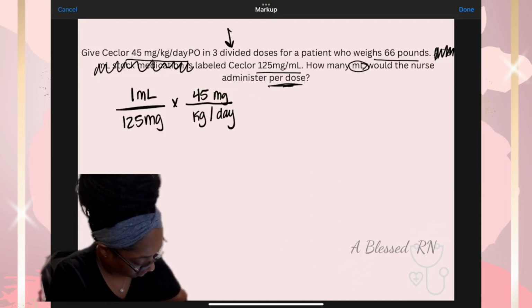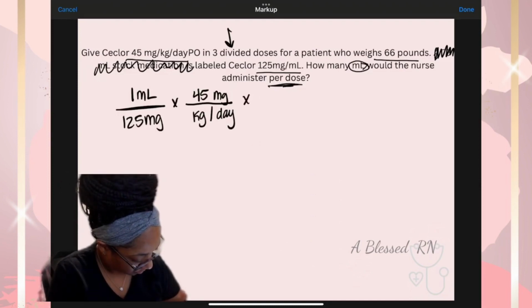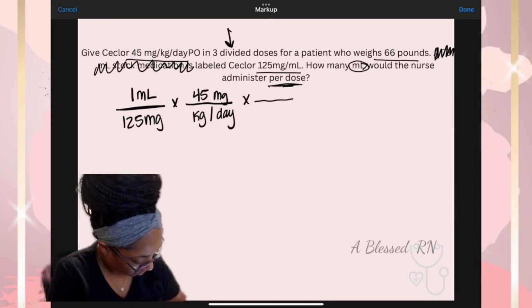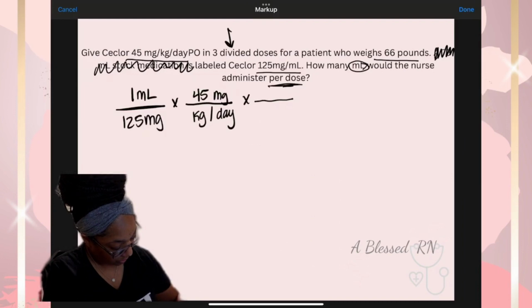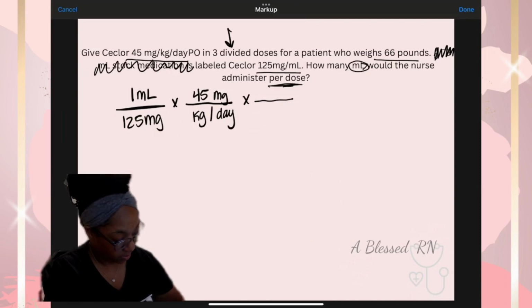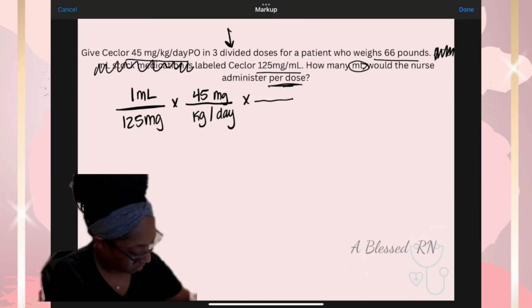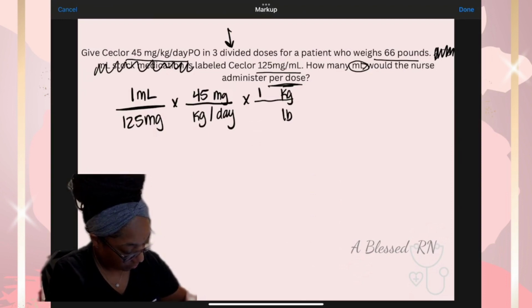All right, so then you're going to go to your weight. So it's in pounds. We got to go to kilograms, right? So we need a conversion. Kilograms, pounds. It's 1 kilogram, 2.2 pounds.